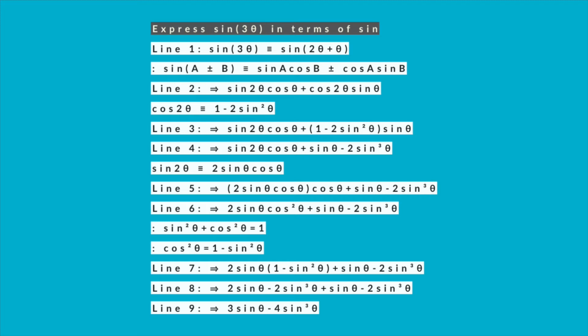Again, I put that identity into brackets and then multiply out in line 8. The last step is to collect the terms and you should end up with the final answer in line 9 of 3 sine theta minus 4 sine cubed theta. So sine 3 theta is equivalent to 3 sine theta minus 4 sine cubed theta.